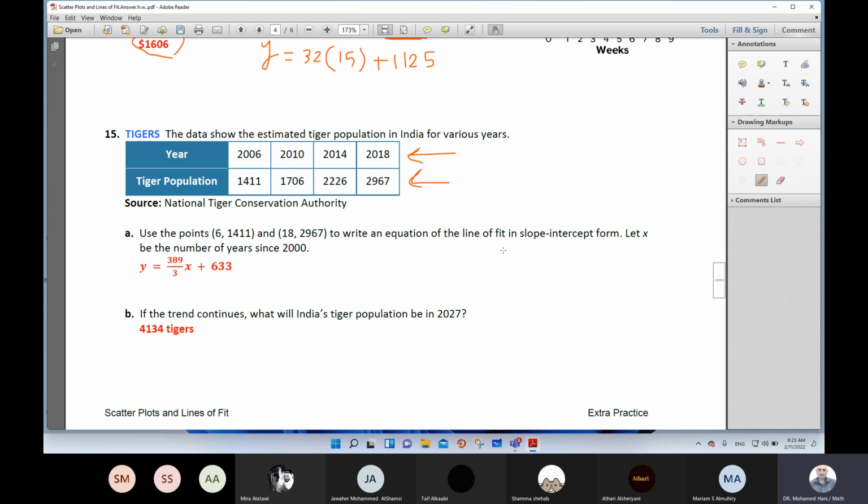So let x be the number of years since 2000. So start from the slope, y2 minus y1. You can write here 2967 minus 1411. Then x2 minus x1, we have 18 minus 6.